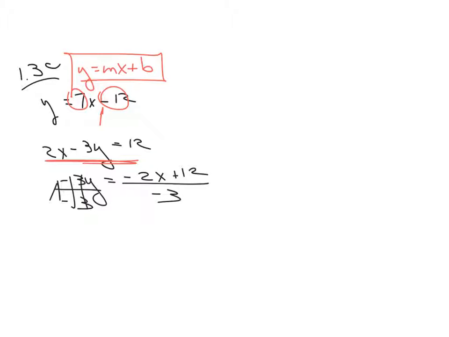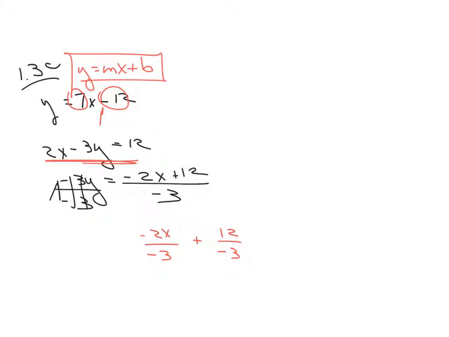So what we're going to do is whenever you're given multiple terms up here, you know, a negative 2x and a 12, and they're over one number, we can split that up. So what that's going to look like is negative 2x over negative 3 plus 12 over negative 3.